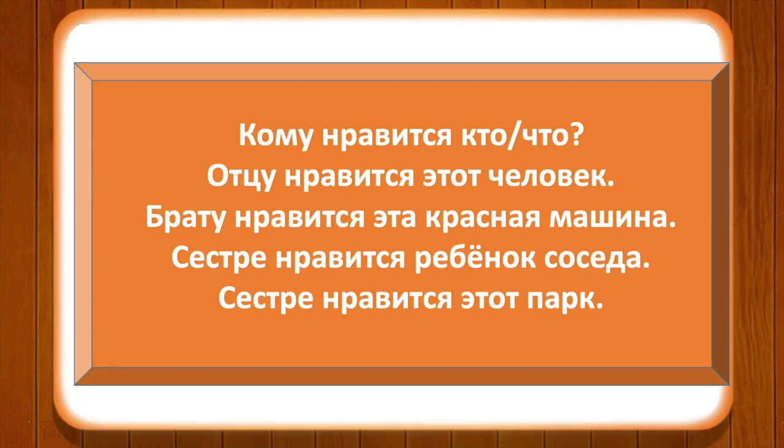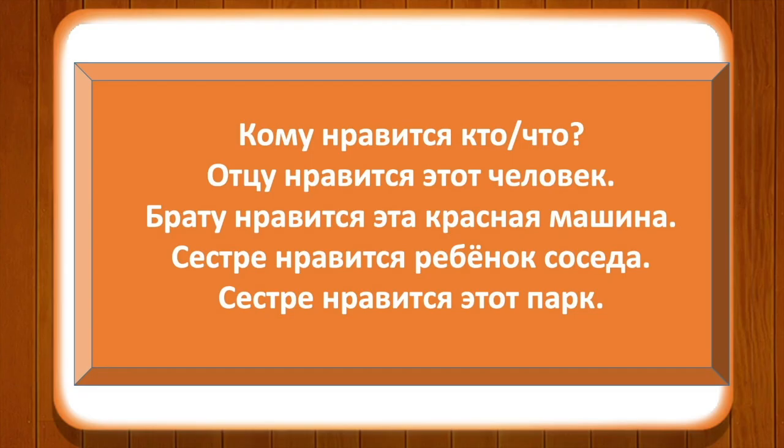To understand this concept, let's pay attention to the example. Кому нравится кто и что? Отцу нравится этот человек. Кому нравится? Отцу. Что нравится, кто нравится? In the case of человек, we are using кто: кто нравится отцу, отцу нравится этот человек.